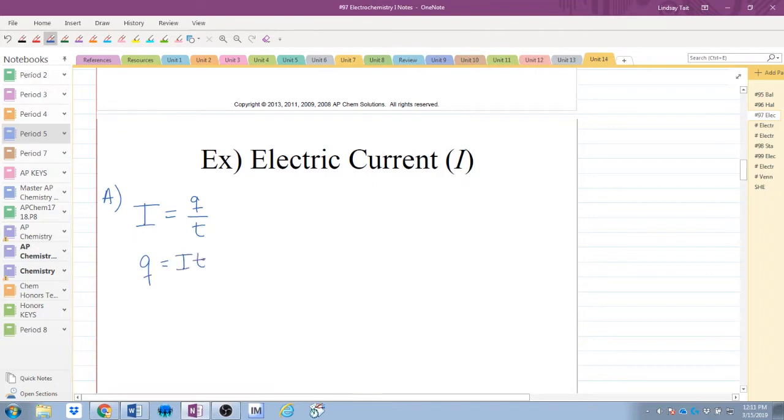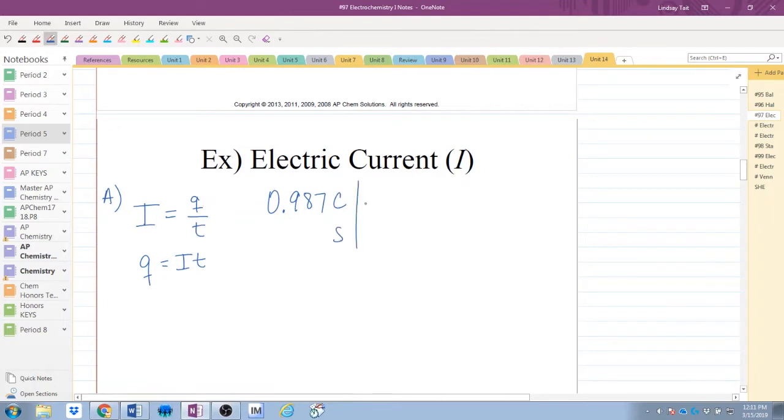So I can say Q equals I times T. Correct? Remember, I is current, Q is charge, T is time. So plugging that in, 0.987. Now for canceling of units and dimensional analysis, I'm going to revert from the shorter version of the unit of amps to the longer version, coulombs per second. Remember, an amp is equivalent to a coulomb per second given this equation.